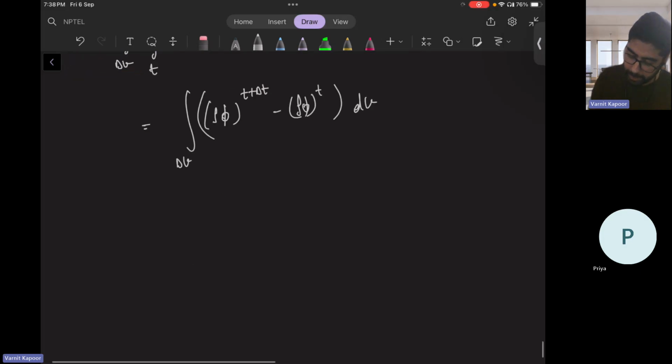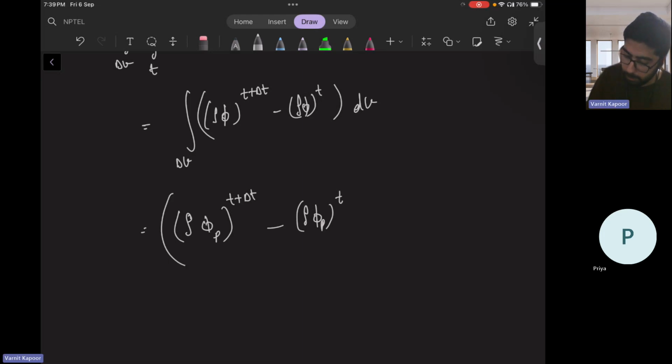Okay, so I will write it as ρφ of P at t plus delta t minus ρφ of P at t, into delta V, with linear profile assumptions.